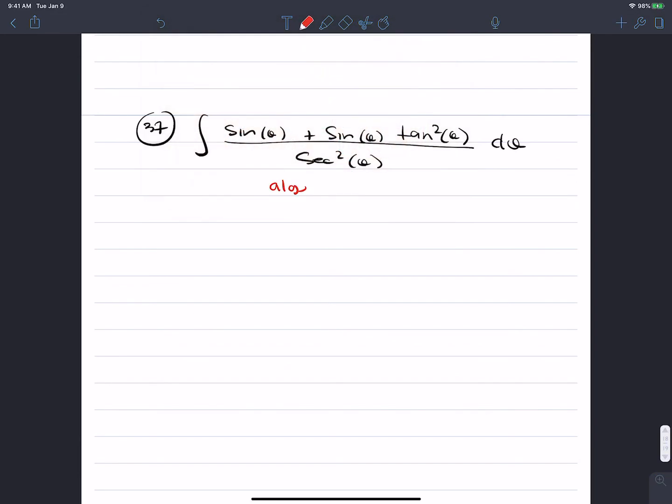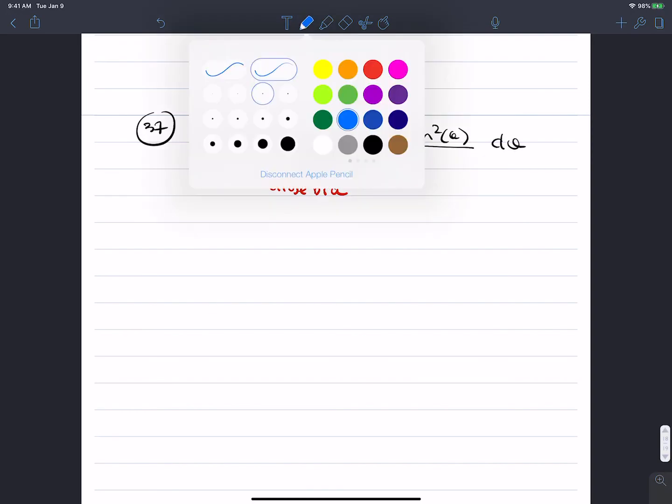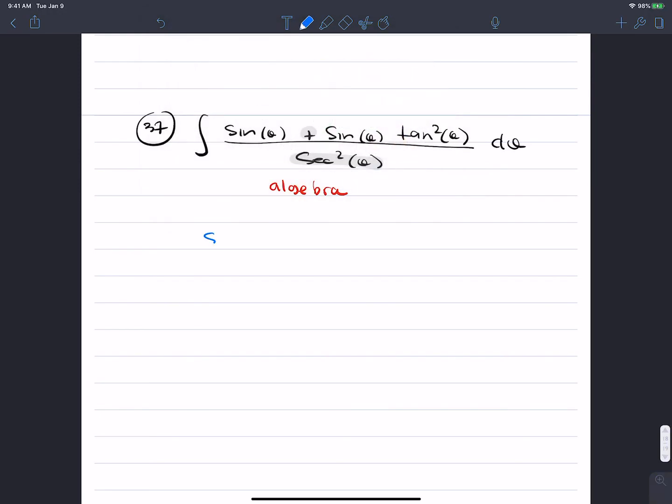So we have to use some algebra so we can simplify this quotient, and we notice that we have this secant squared theta dividing a sum, so that's what we're going to focus on. So we distribute the division. Sine theta over secant squared theta plus sine theta tangent squared theta over secant squared theta.